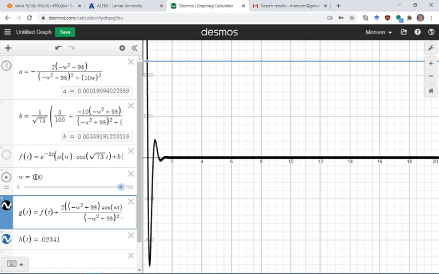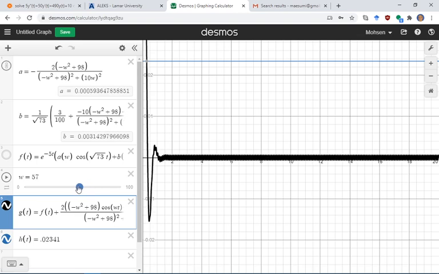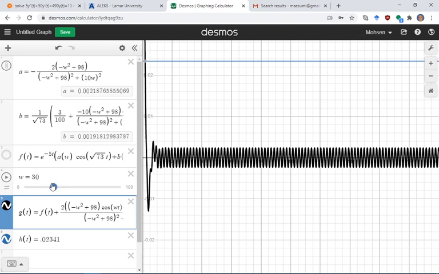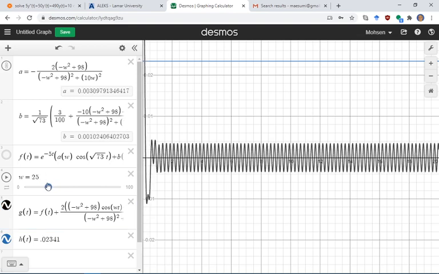At this very high frequency, you see that amplitude of oscillation is quite tiny there. Now, as I reduce the frequency, you see that amplitude starts to build up. So right now it became double, double again. So you're seeing now the amplitude is increasing quite a bit. This is much higher than it was before.